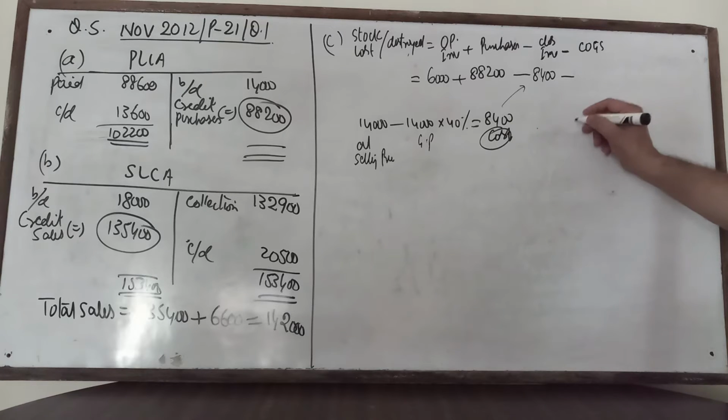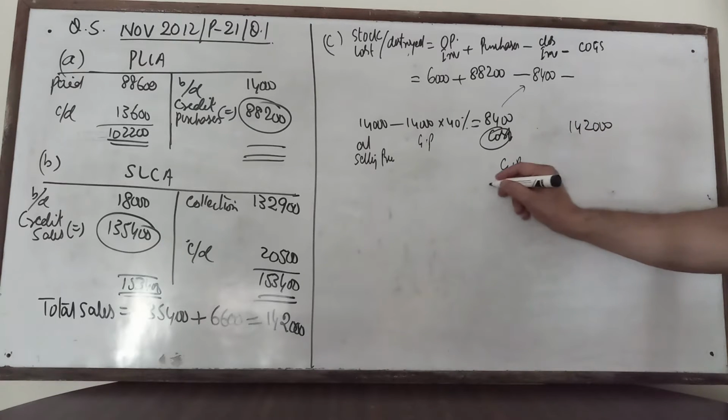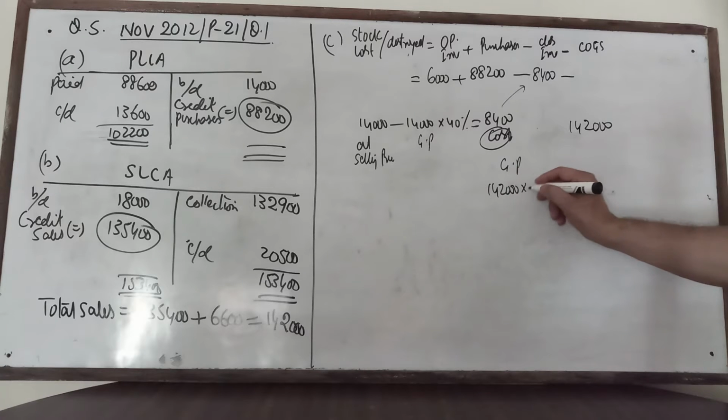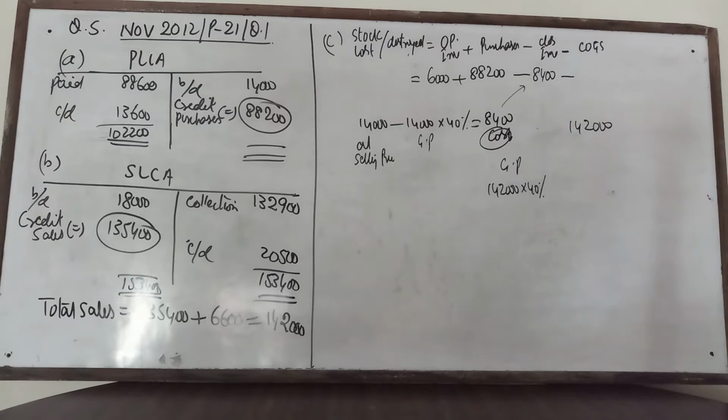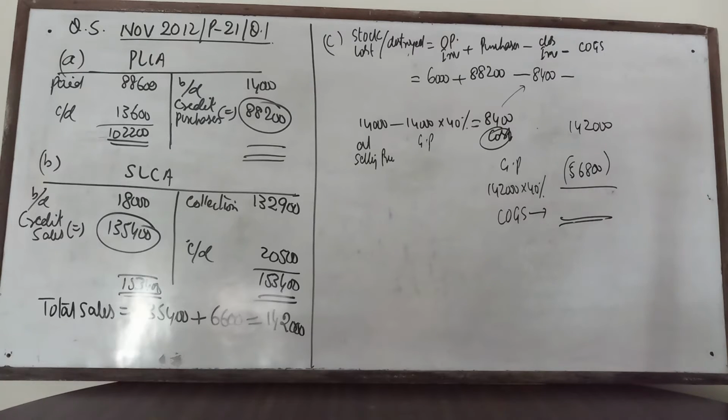From sales, you have to minus the gross profit. 142,000 multiplied by 40%, let me calculate. 40% of 142,000 equals 56,800 profit. When you minus profit from it, this will give you cost of goods sold. 142,000 minus 56,800, 85,200 is your cost of goods sold.